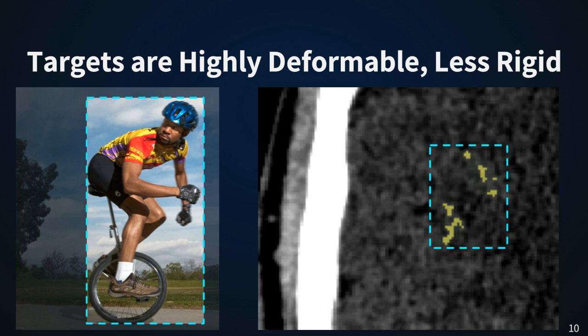So one measure to quantify deformability is when you take your finding and bound it with a bounding box: if your finding is only a very small part of the bounding box, then your finding is probably very deformable. And it's very typical that medical imaging findings will be much more deformable than typical findings.